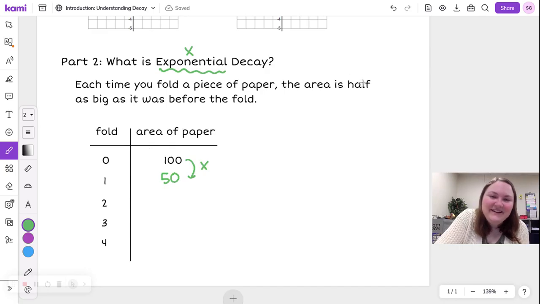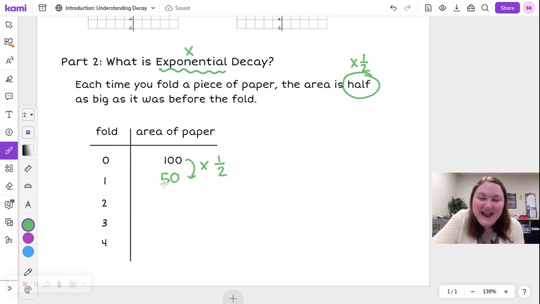If we want an area that is half as big, that means you can multiply by 1/2. 100 multiplied by 1/2 gives you that 50 right there. And so I've just made a number smaller using multiplication. The key is going to be if you multiply by a number less than 1.